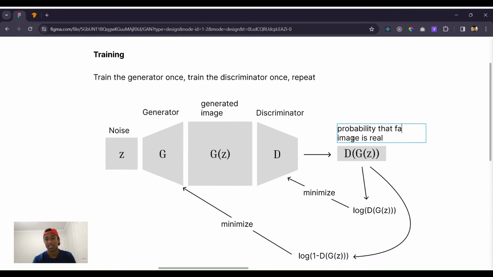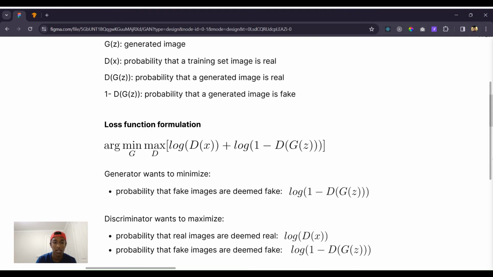So let me just make it simpler. Probability that the fake image is deemed real. So the discriminator wants to minimize the probability that the fake image is deemed real. That makes a bit more sense. So in the loss formulation, we had a min-max formulation, but to actually implement it, we're just using minimization.